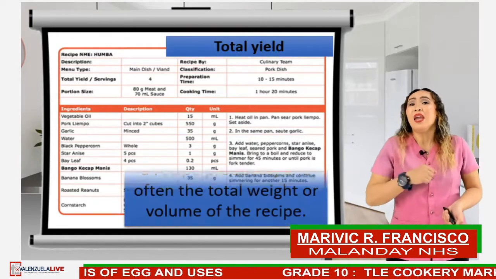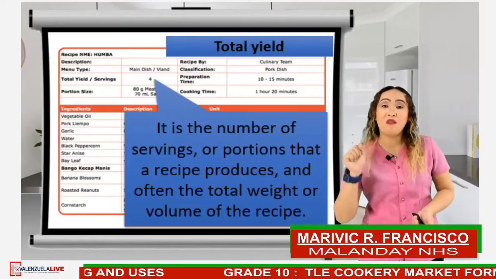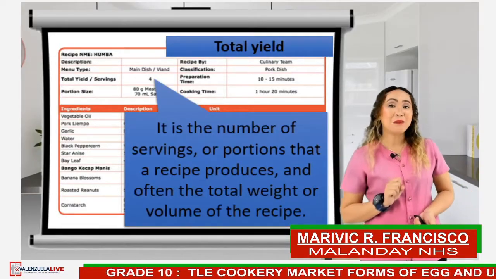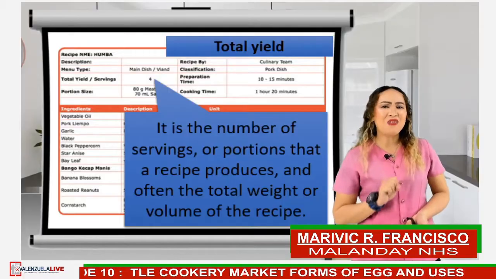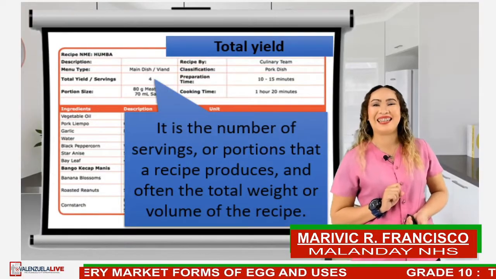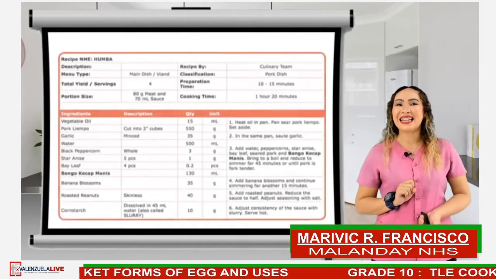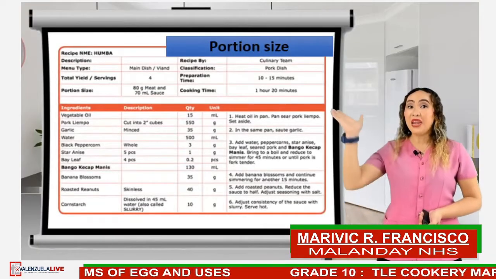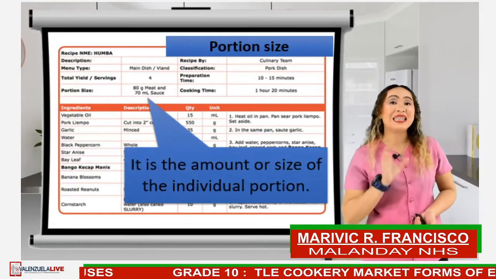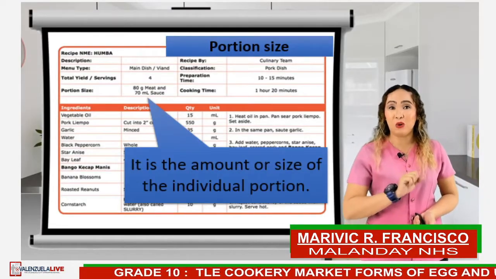It is the number of servings or portions that a recipe produces, and often the total weight or volume of the recipe. Next, we have the portion size. It is the amount or size of the individual portion.